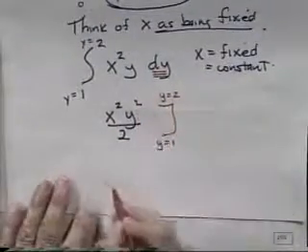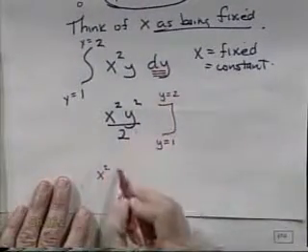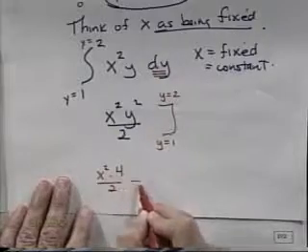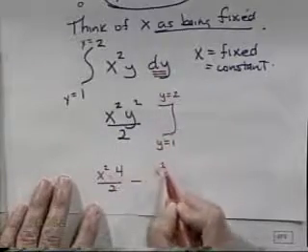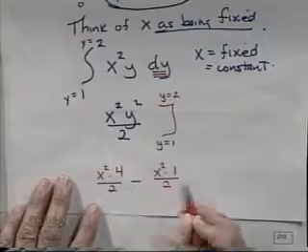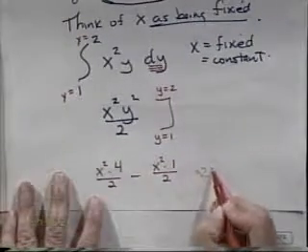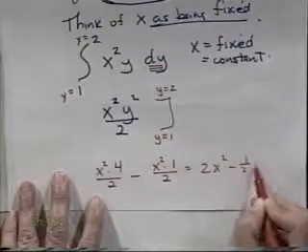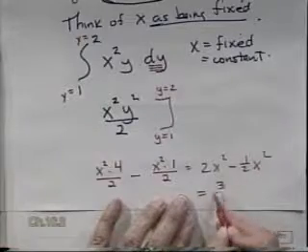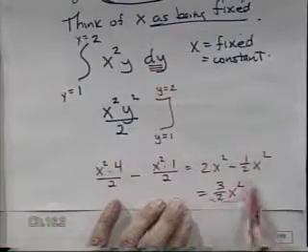And then what I need to do now is plug in y equals 2. So I have x squared times 2 squared, which is 4 over 2, minus plug in y equals 1, x squared times 1 squared over 2. And this gives me 2x squared minus 1/2 x squared, which is 3/2 x squared.